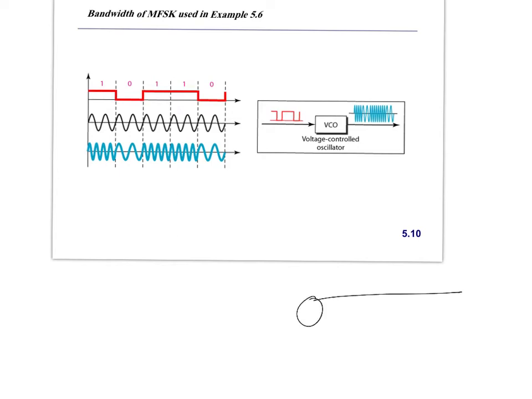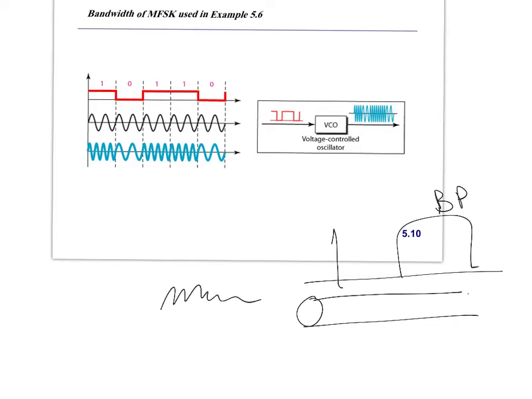If we have a transmission medium that has a bandpass effect, then at the transmitter side we need to modulate, or do some conversion from a digital signal to an analog signal, so that we can shift the frequency properties of this signal in the frequency domain, hence aligning with the bandpass effect of the transmission medium.